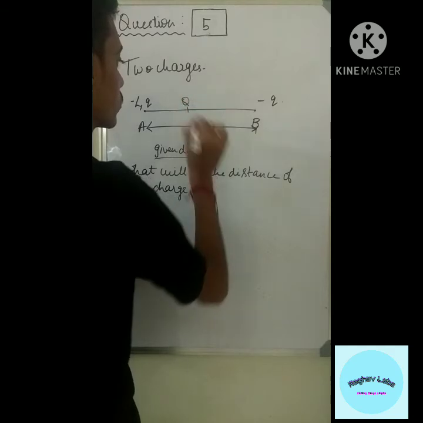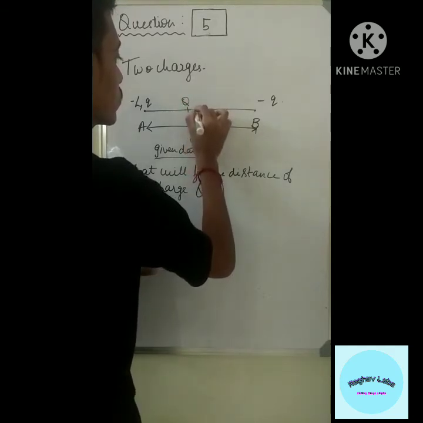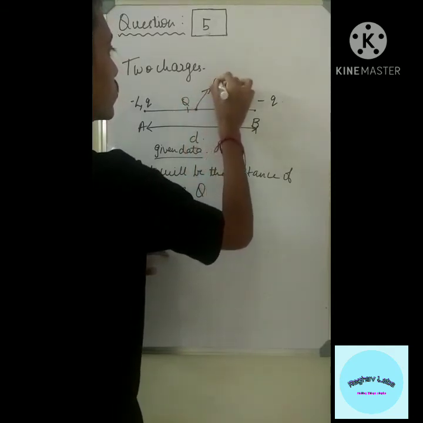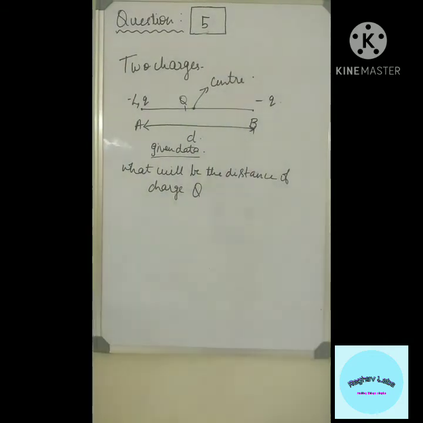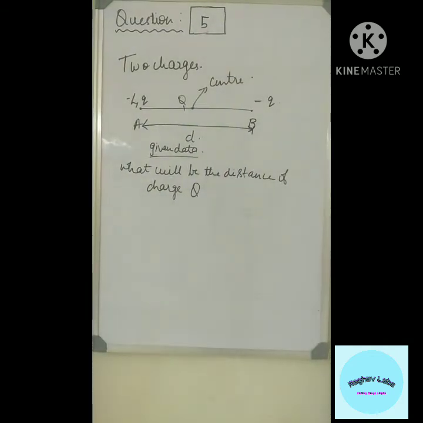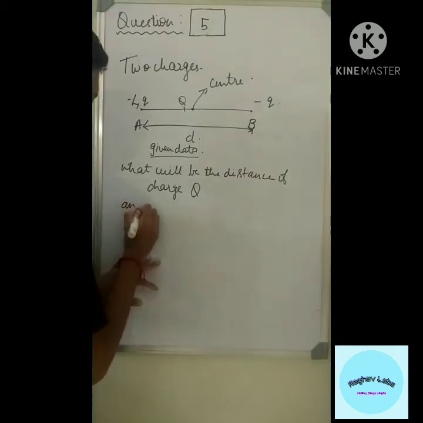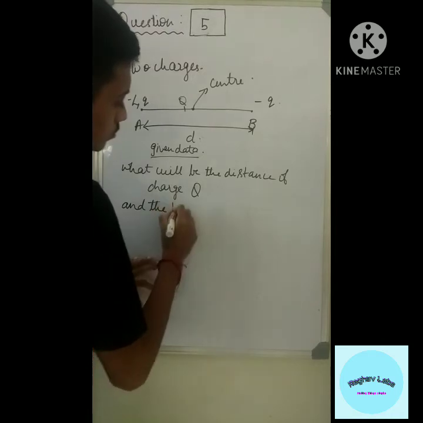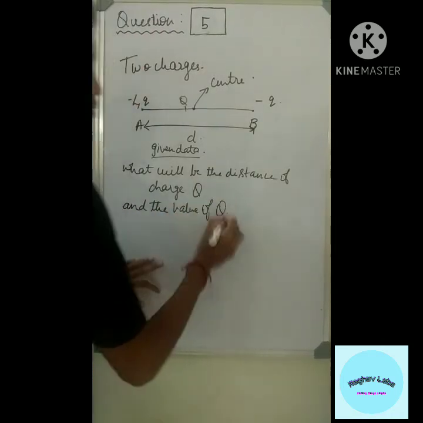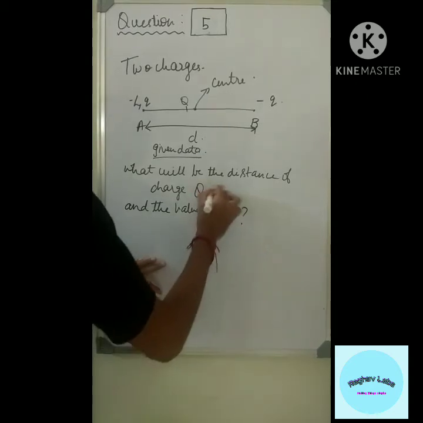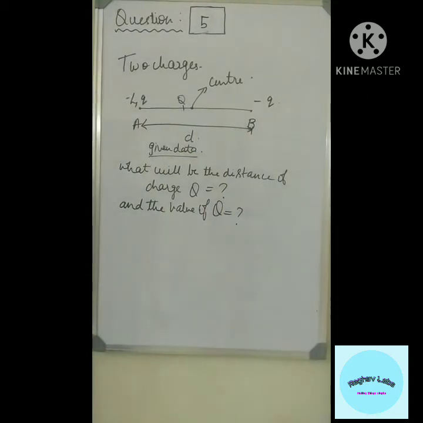Let's take another charge q which is at a certain distance but not at the center, right? It may be at the center also, but we are not sure. So we should find the distance of the charge q from minus 4q or minus q, and the value of q also we should find out, right?